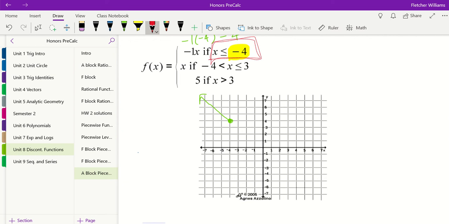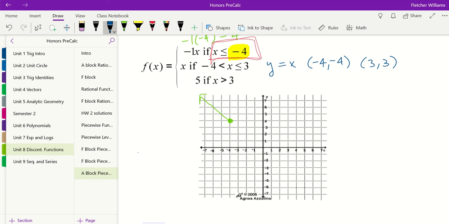Then the other one, y equals x, if you're between negative 4 and 3. I plug in negative 4 and that gives me the point negative 4 comma negative 4. If I plug in 3, I get 3 comma 3.